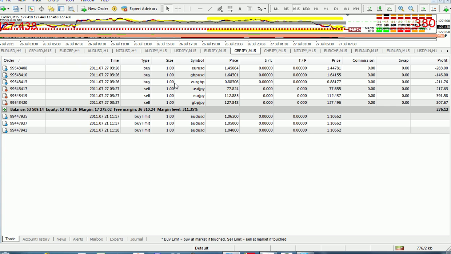Okay, that's basic lesson 1 on simple hedge using the most powerful hedge, the euro US dollar, the Great British Pound US dollar, and the euro Great British Pound, using their indication. If it was short, these would be buys and these would be sells.